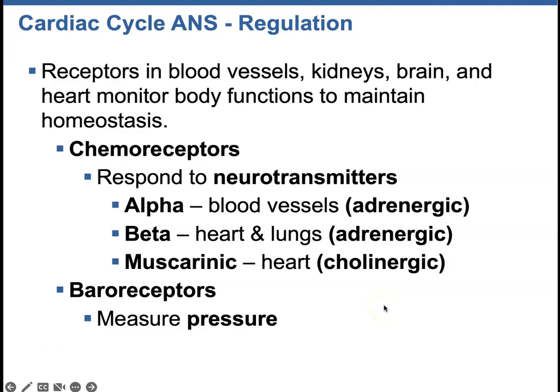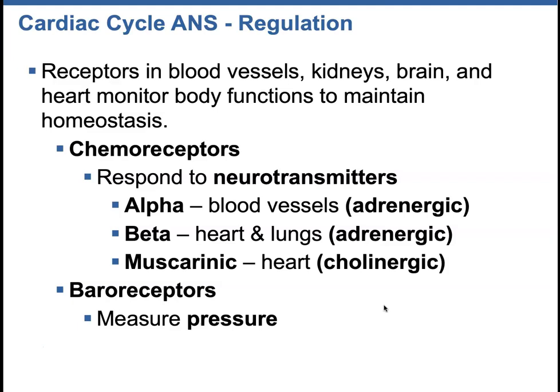The receptors, again, that we have for the cardiac innervation: you have your betas, right? So you have beta 1 in the heart, those are adrenergic. In the lungs, again, you have your beta 2s, which are adrenergic. In the blood vessels, the adrenergics are the alpha 1s that mainly regulate the contraction and the vasoconstriction of the vessel.